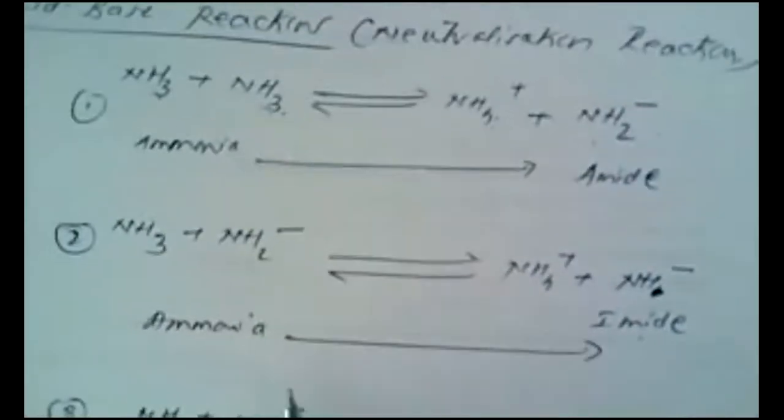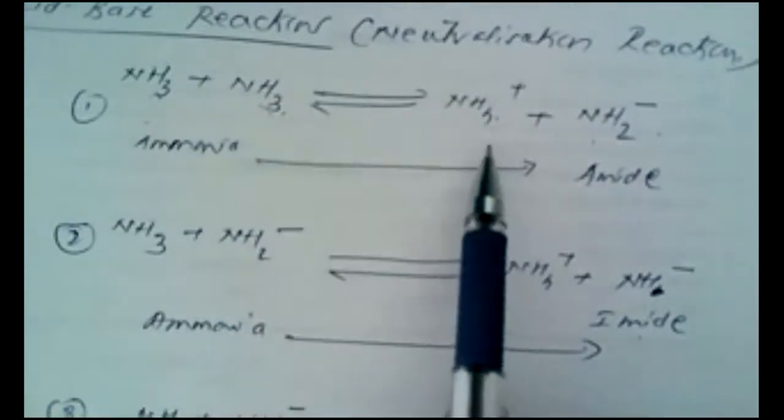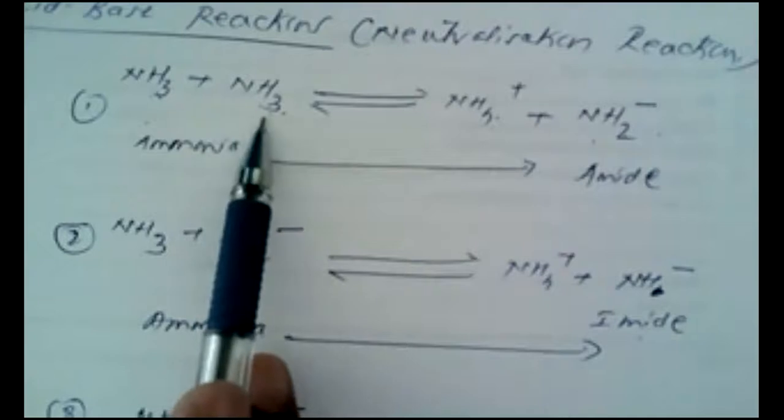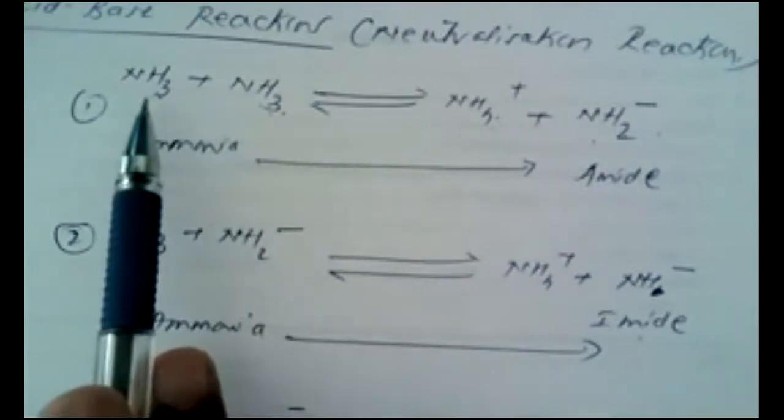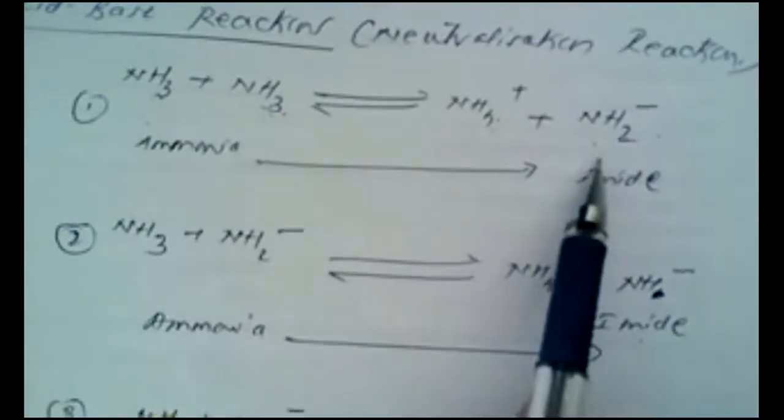So we have seen three reactions. In the first reaction, two molecules of liquid ammonia unite to form NH4 plus, where one of the hydrogens is dissociated, and it can form NH2 minus, that is amide. The already formed amide again tries to react with liquid ammonia, and one of the hydrogens is again dissociated, and it can form again NH4 plus, and the remaining part is an anionic part, that is NH minus, known as the imide.